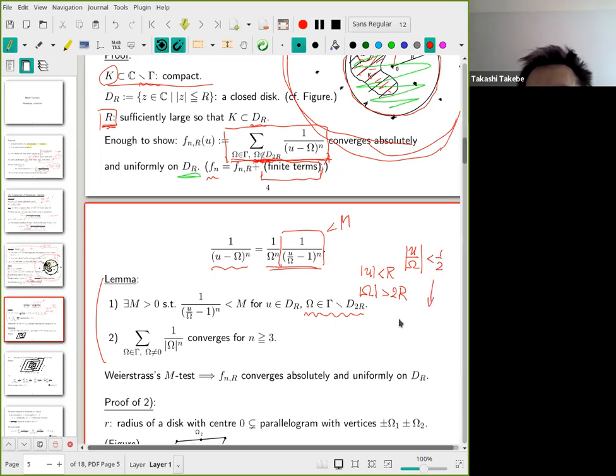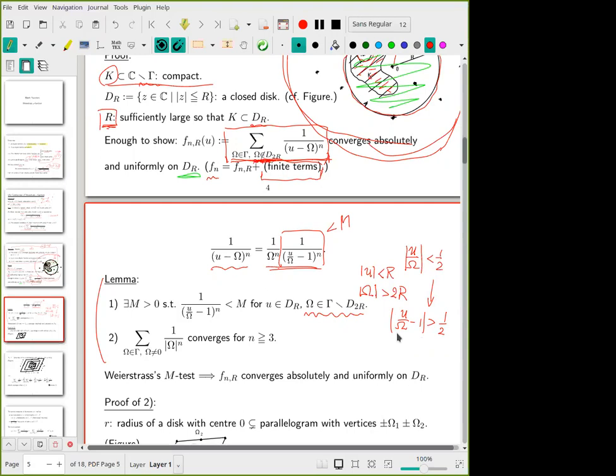Which means that this is larger than 1/2. Am I right? Yes, it's right, but it's also less than 1, isn't it?